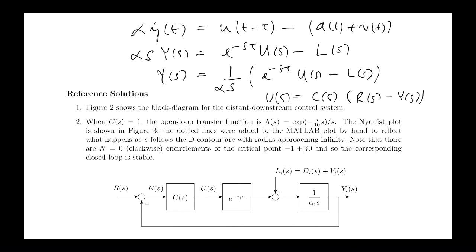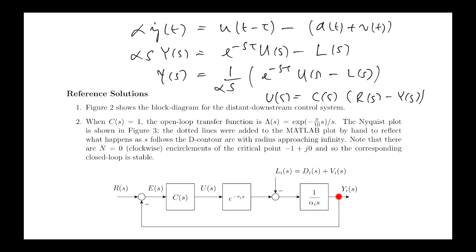This is just forming what's in here as the sum of L, an input disturbance, and a delayed version of the control signal. Here's the integrator that then converts that signal into a water level.